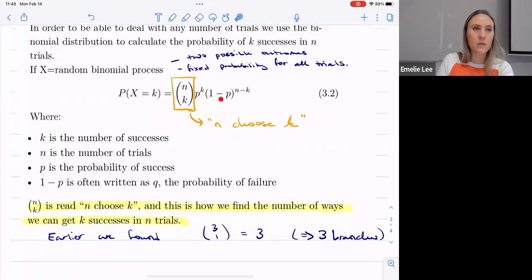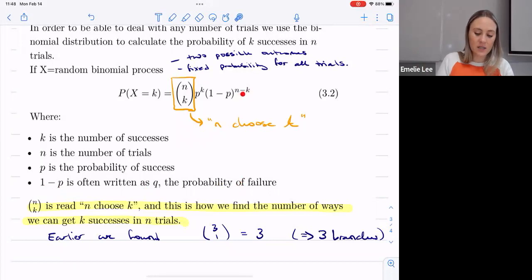And then 1 minus p, I'll often write it as q, because I think writing 1 minus p is really tedious. And you'll see that we use q quite a bit later on, but you can use 1 minus p if you want. Just know that they're the same. It is the probability of a failure, right?